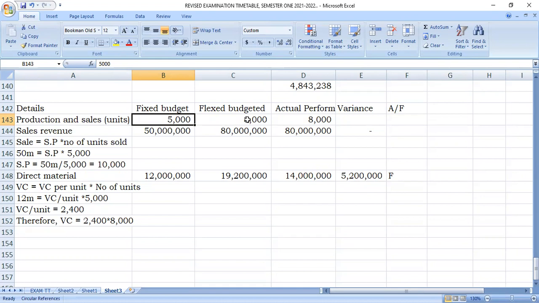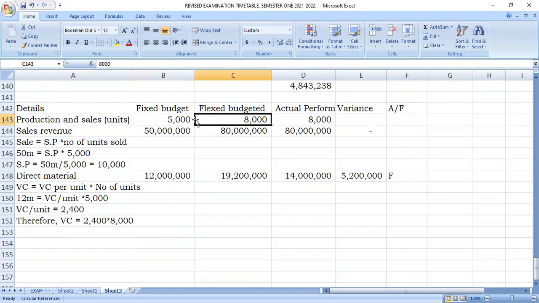But we're saying that if that happens, then always consider the level of activities. If you produced 5,000 and your budget was 10,000, you cannot compare the costs you incurred in producing 5,000 with the ones that somebody would incur in producing 10,000. By doing that, you're comparing two people of different heights. You're not going to get what you want. You're saying get people of the same height. And this is why the flexible budget comes in.